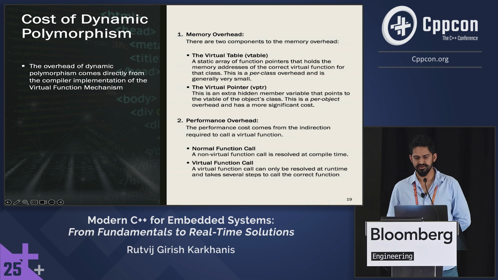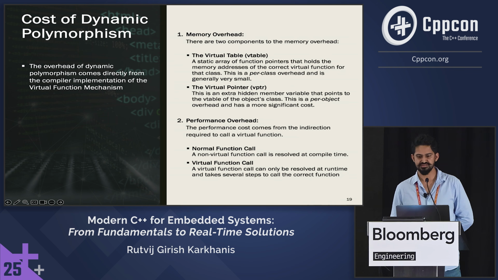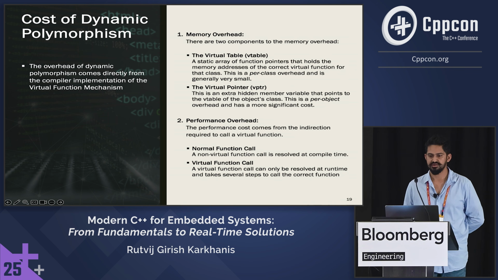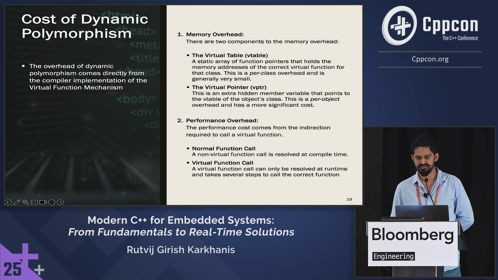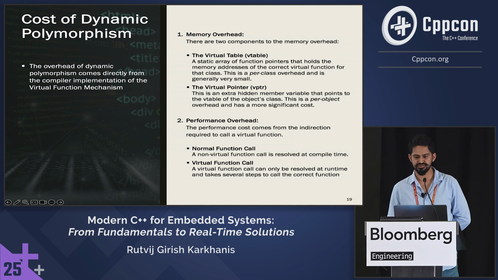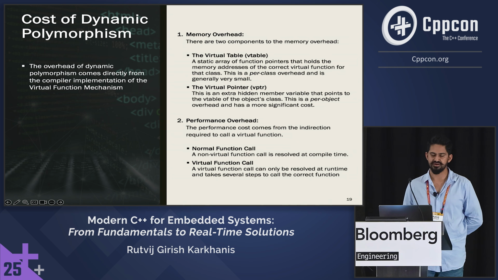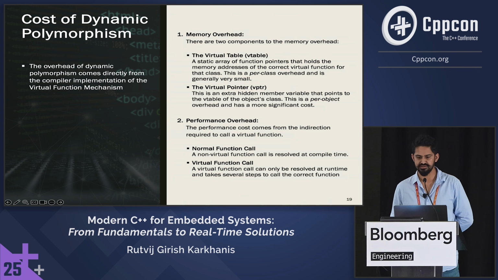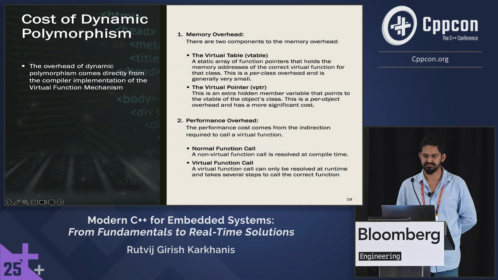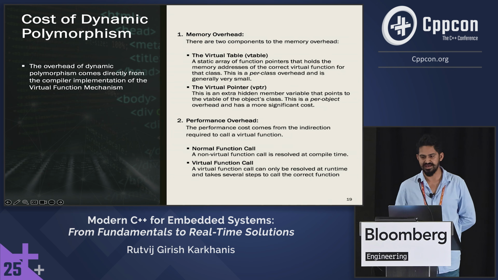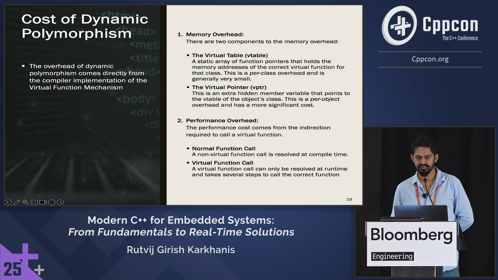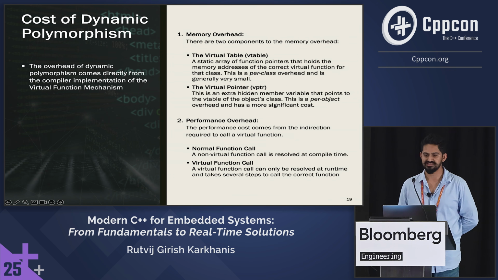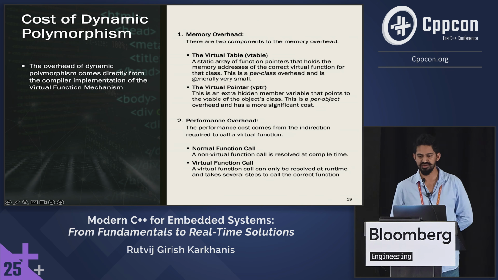The virtual pointer, vptr. This is the more significant cost. Every object of a class with virtual functions gets an extra hidden member variable, a pointer called the vptr. The pointer points to the vtable of that object's class. So what's the impact of this? This increases the size of every object.